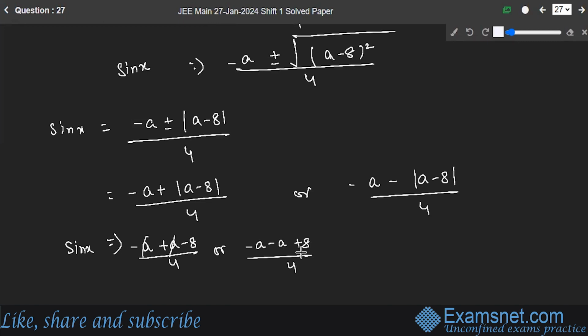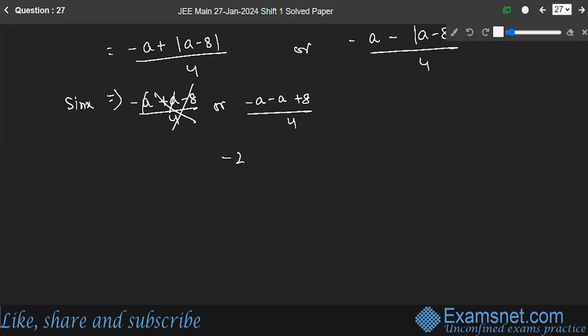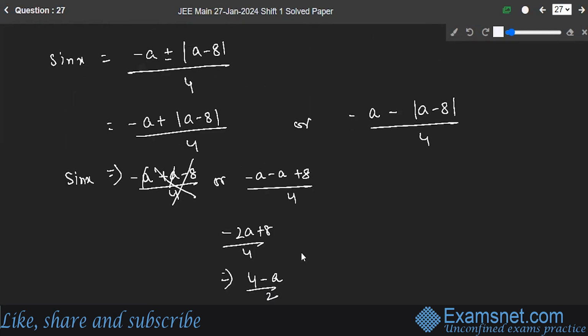So here this will cancel and this is not possible in any case. And here it will be minus 2a plus 8 upon 4, or this will give me 4 minus a upon 2. Yeah, let it be like this only for the time being.